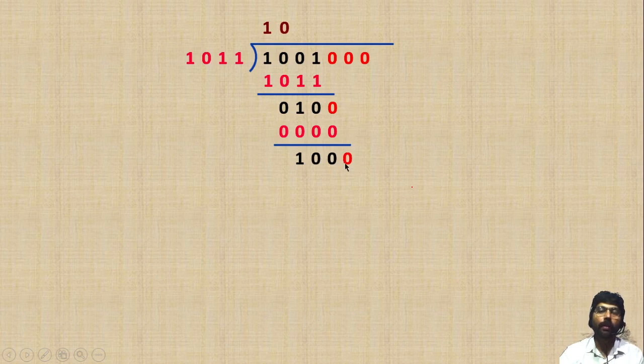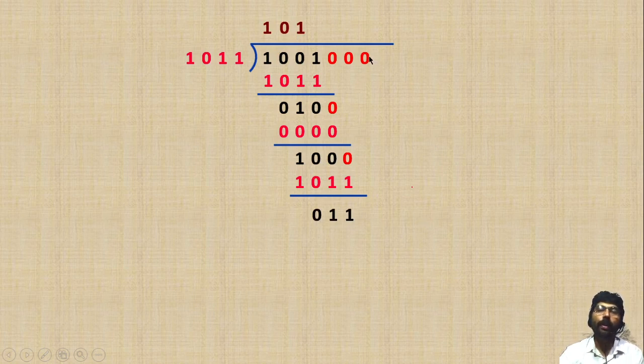Once it is pulled down, I have to divide again using the divisor. Now I can divide because the first bit is also 1. So I divide it like this and put the quotient 1 here. Then the XOR operation of this will be 0 1 1.